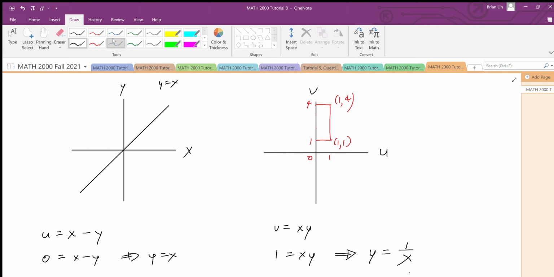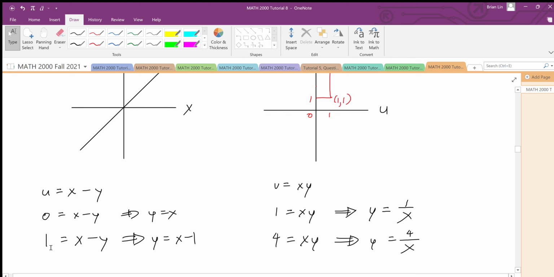That straight line I just drew corresponds to u equals 0, which is the v-axis. The other thing I want to draw is u equals 1, which is the same thing as saying y equals x minus 1.